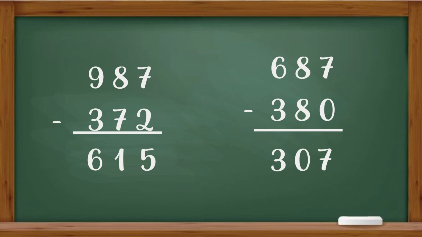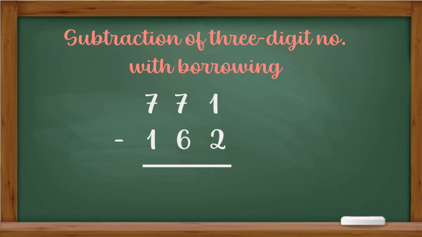So let's proceed further. Now we will do the subtraction of three-digit number with borrowing. We will first do 1 minus 2. So 1 is smaller than 2. What to do?